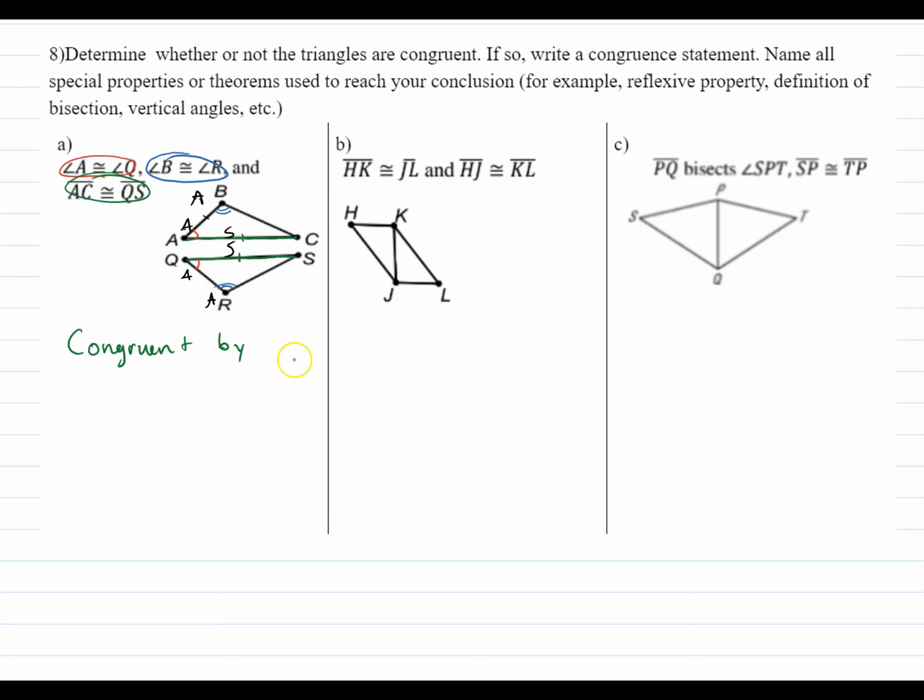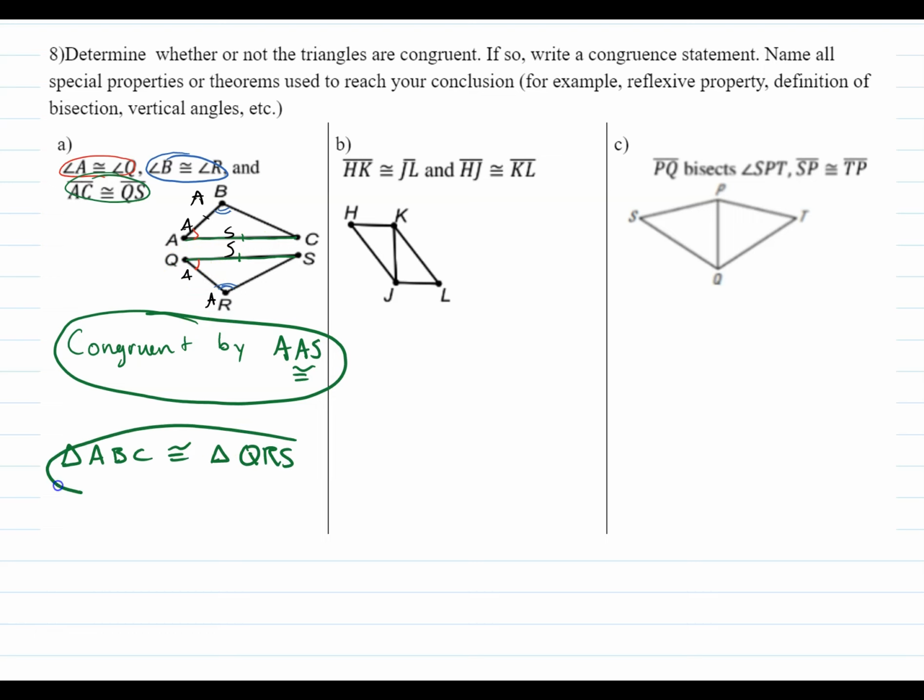So these two triangles are congruent by AAS congruency condition. Now we need to write a congruence statement. So I'm going to say triangle ABC. The order is important. So if I say ABC, I have to say QRS, triangle QRS. So there's if they're congruent or not, and then this congruence statement.